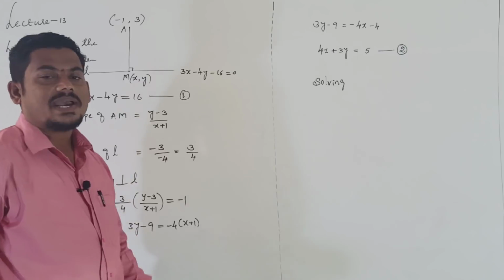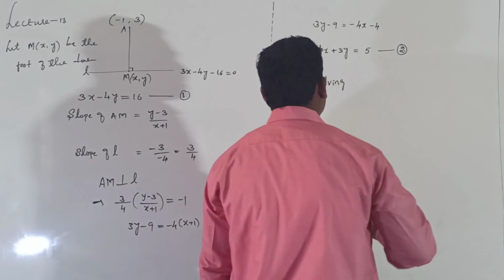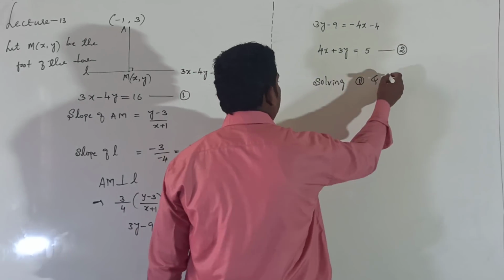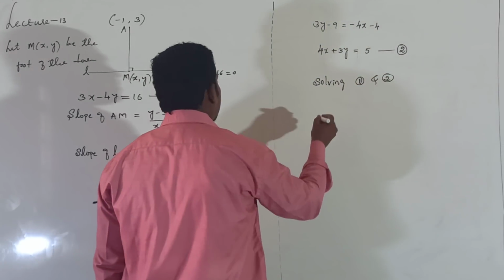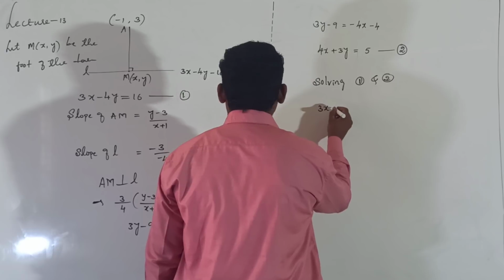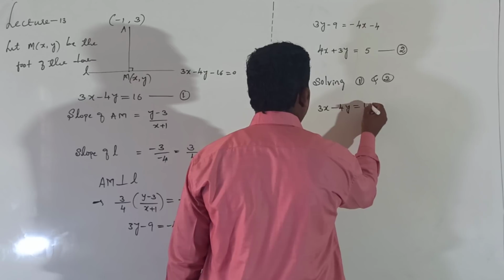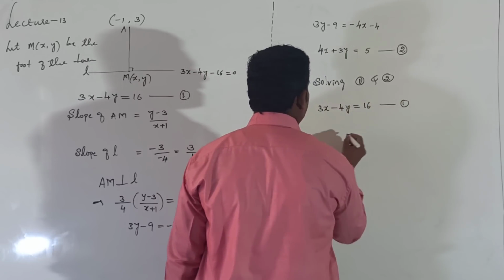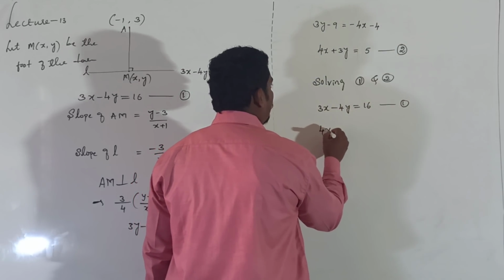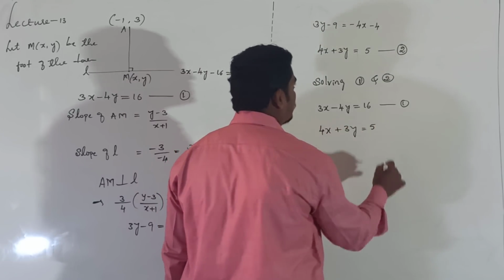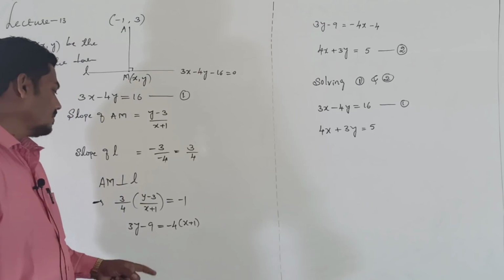If you find the x and y values, then clearly you get the foot of the perpendicular, right? Solving 1 and 2. Take equation number 1, that is 3x minus 4y is equal to 16, and equation number 2, 4x plus 3y is equal to 5, right?